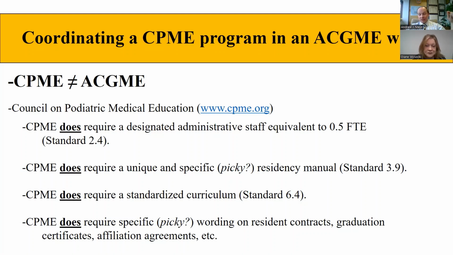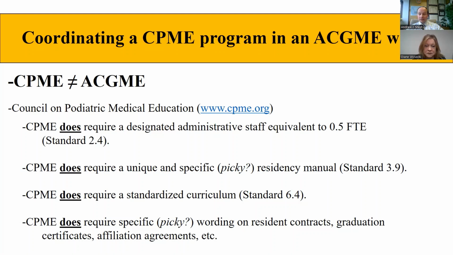There's a very specific list in the document that says these things need to be in the residency manual. And when a site visit takes place, the site visit team essentially works through a checklist to make sure that every single one of these things is in the residency manual. It does require standardized curriculum, and there is very specific wording on everything.